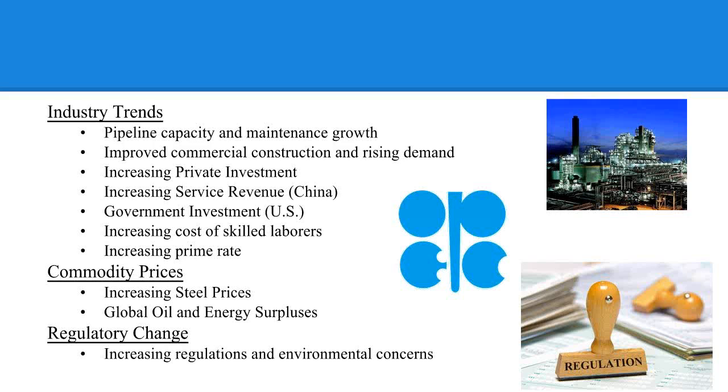Also, helping our revenues is perceived increases in private investment. So although the U.S. is curtailing its investment in these types of services, private investment could act as a substitution for that revenue. Also, industry revenue for engineering services in China is actually expected to increase 4.3% annualized into 2019, which should also help our revenues.